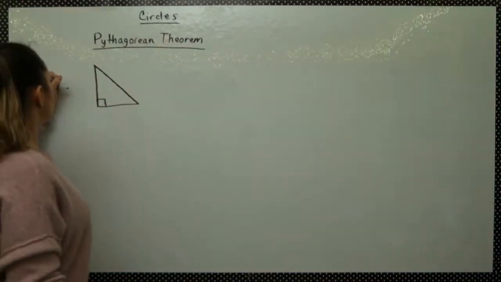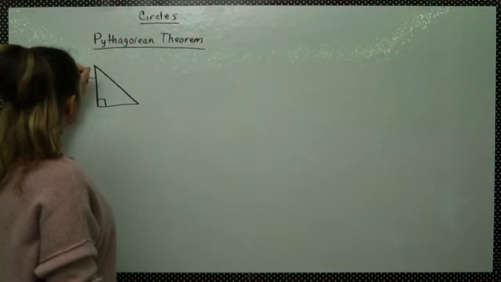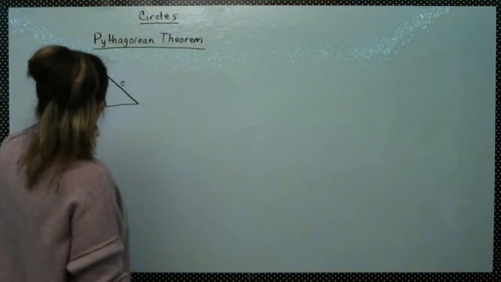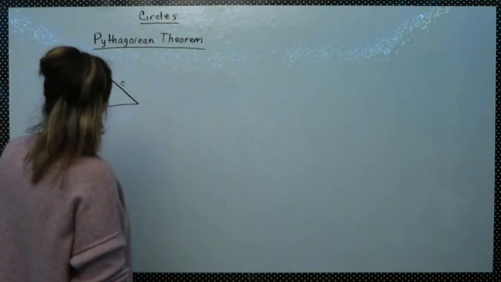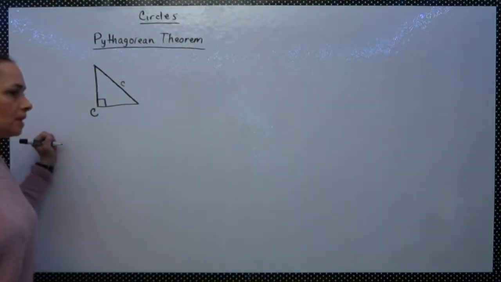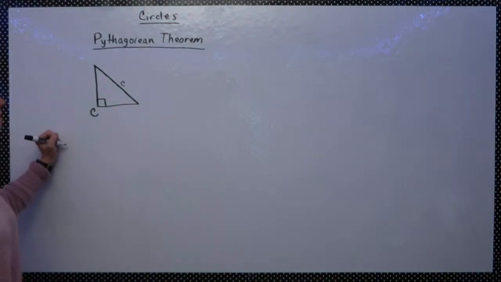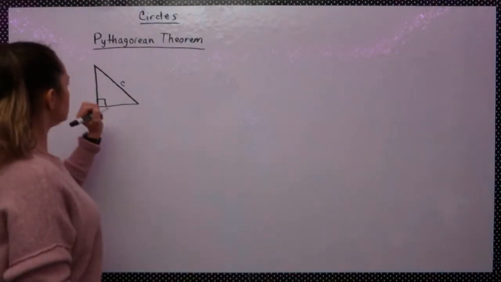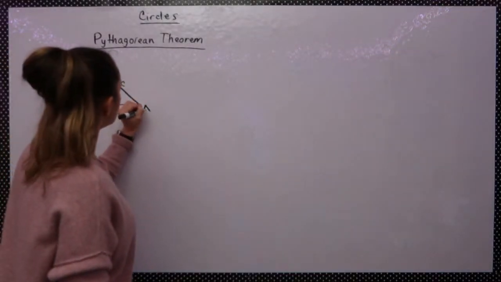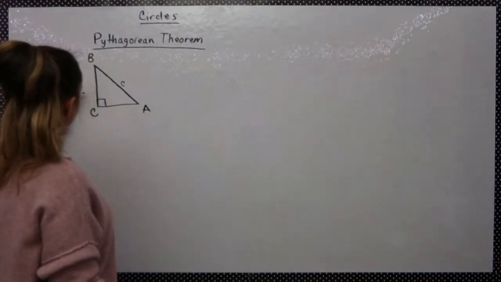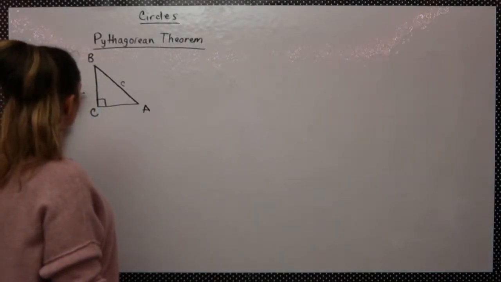And when you label a triangle, you typically label the hypotenuse C. So that's big C. And so that's best practices. And so the angle is the big C, and the side length will be the little c. And then I usually see this one A and B. And so you have ABCs of triangles.